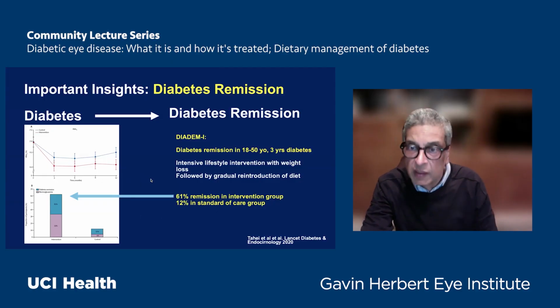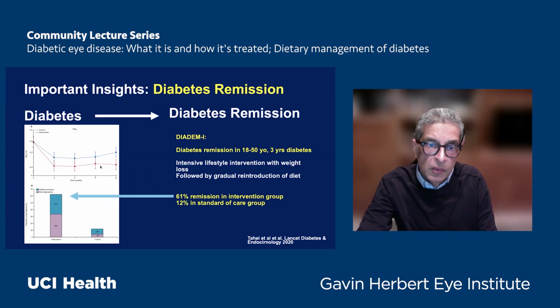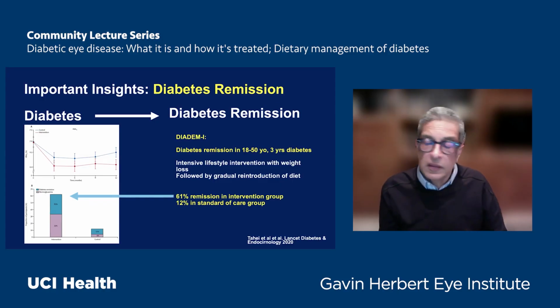So this is an exciting new development. It's possible in a large age group, so between 18 and 50-year-olds were included in this trial. And the people who were most successful had recently been diagnosed with diabetes. So this is something that we also have learned now, is that people who haven't had diabetes for a long time, these interventions are particularly effective.